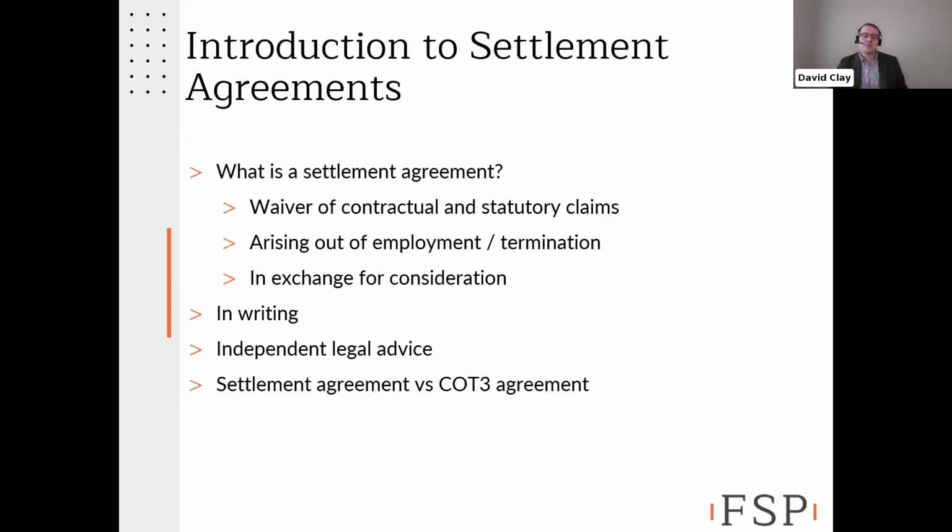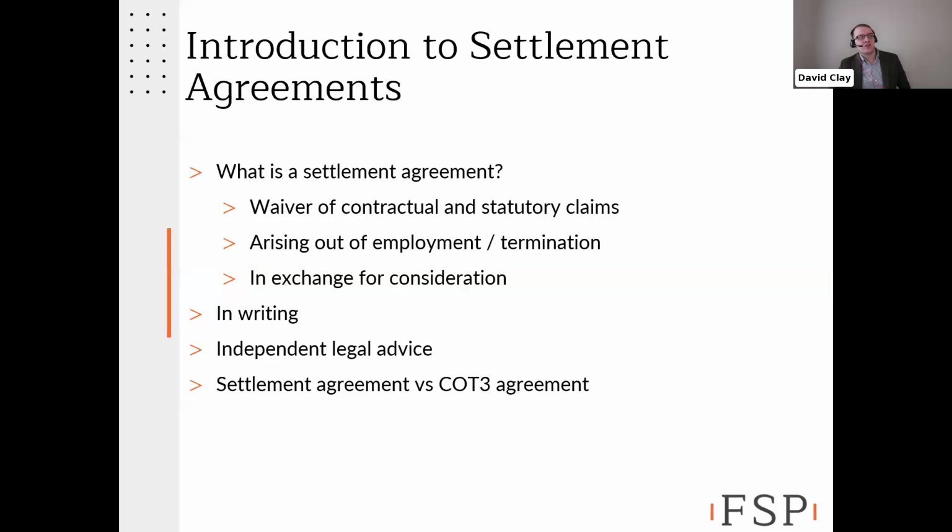Importantly, that can only be used where there has been negotiation through an ACAS conciliator who has then helped the parties to achieve a settlement of their claims. So COT3 agreement only available through ACAS.